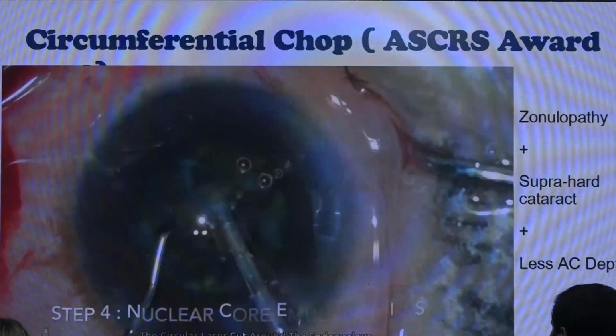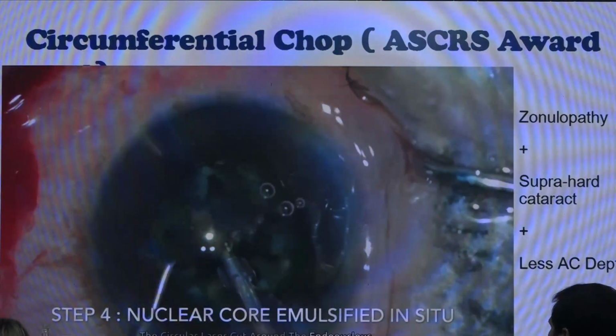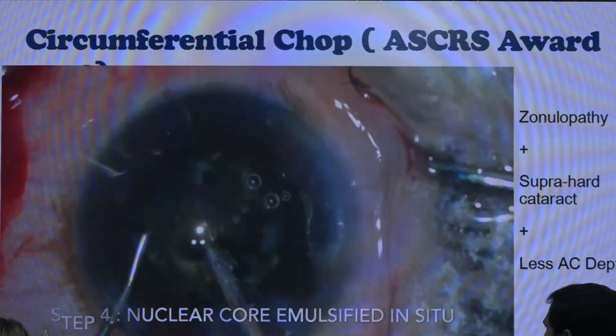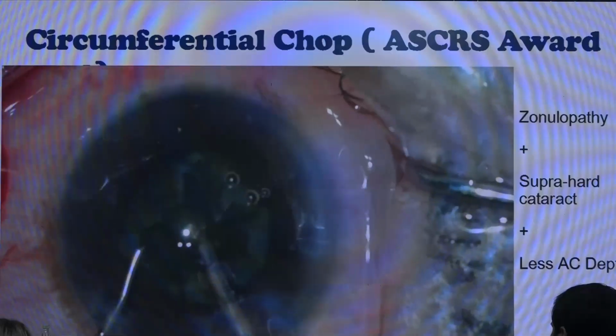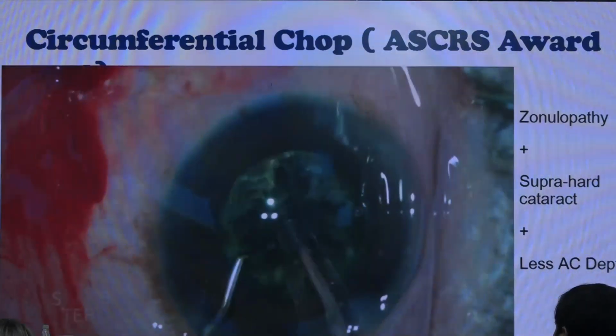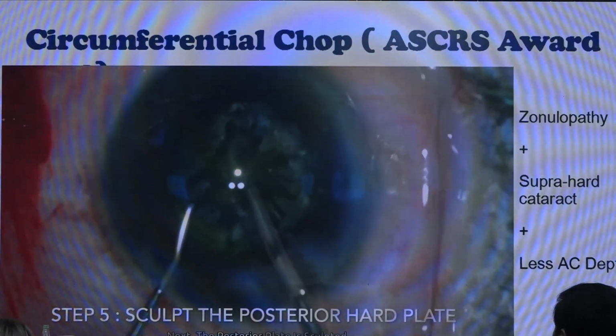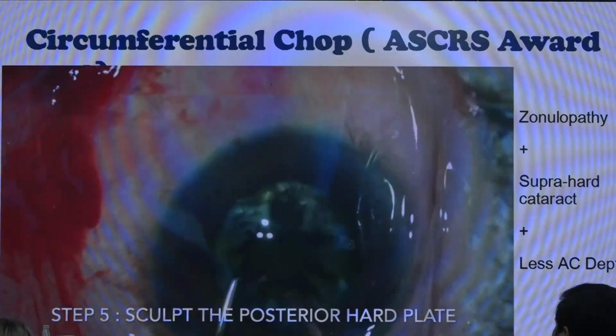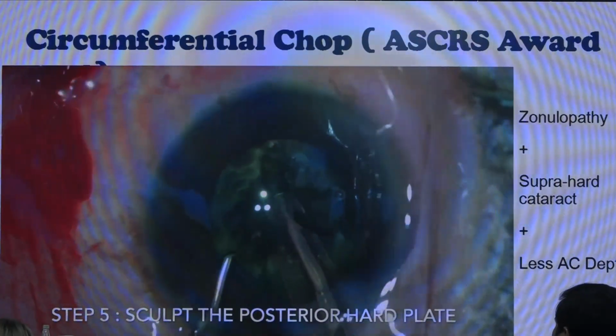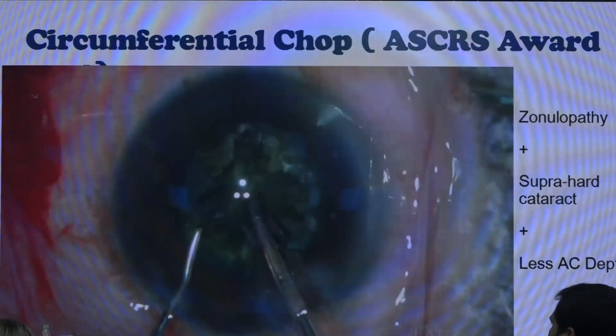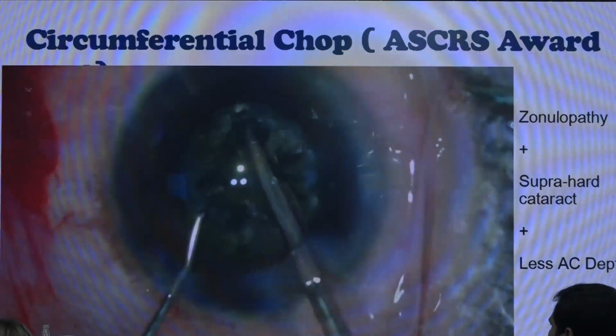And you emulsify this in situ within the cushion of all the nuclear material that is remaining in the surrounding areas. And once you've done that, then you delaminate each sector of these petals that you have made.